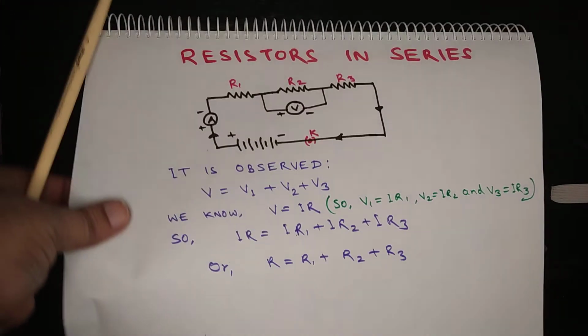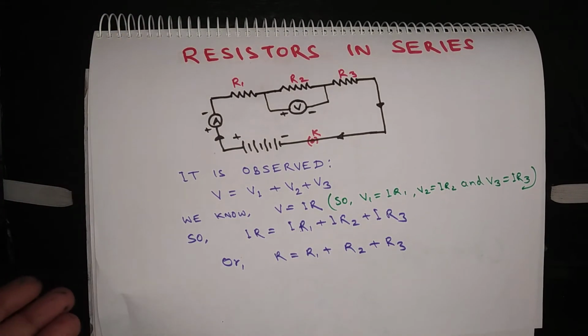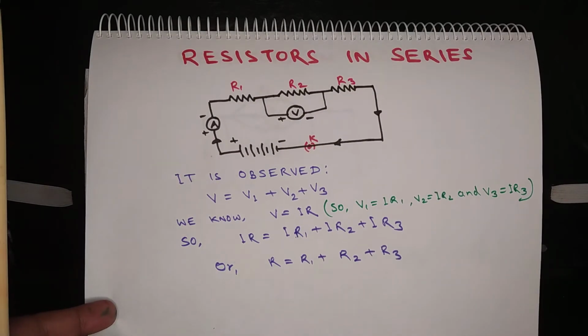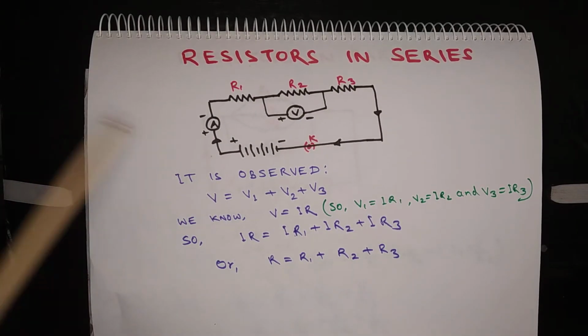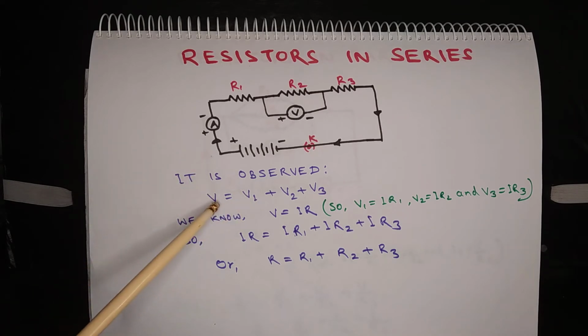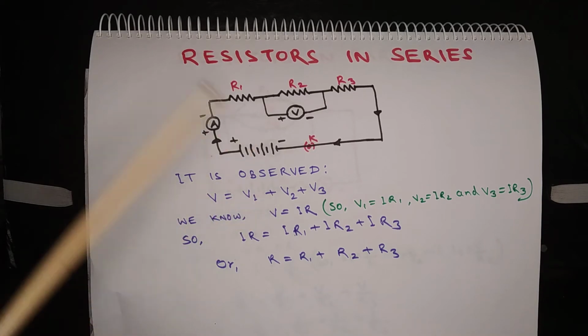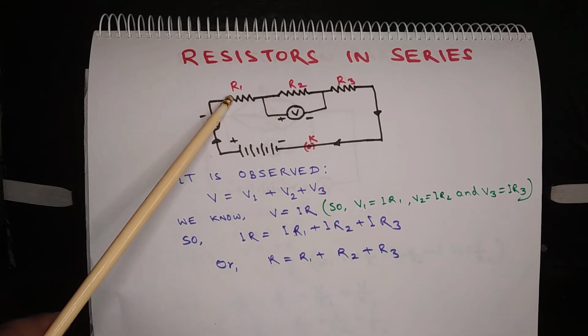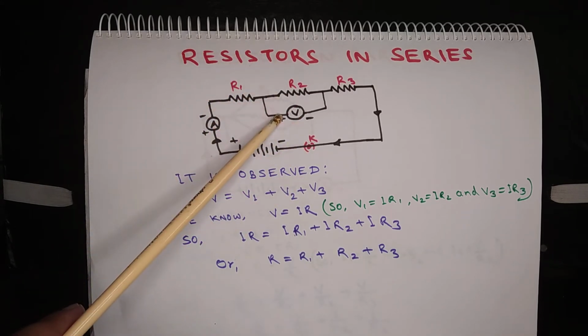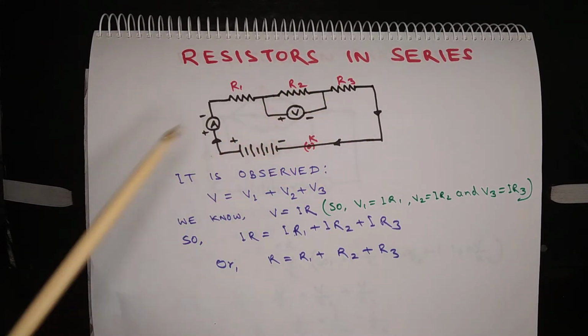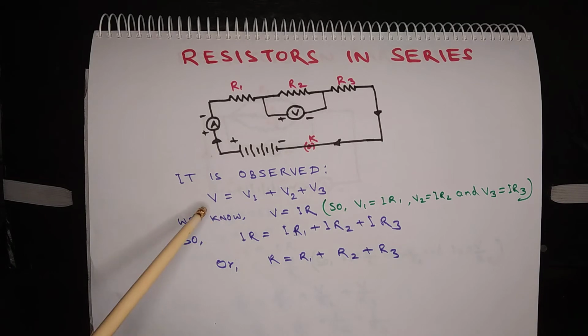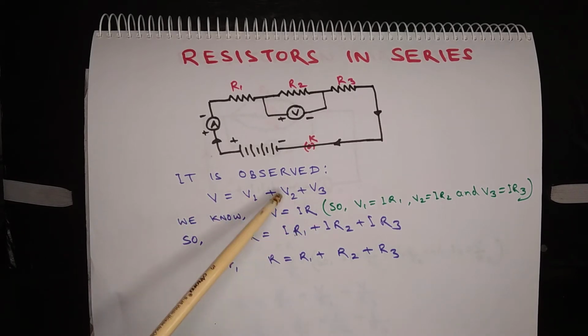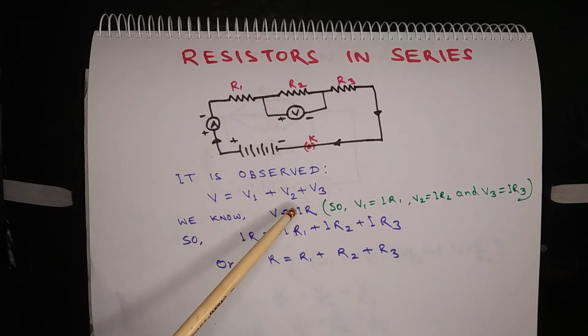Now what happens to the equivalent resistance of the combination? By experiments, it is observed that the total potential difference, or total voltage, is the sum of the potential differences across individual resistances. If V1 is the potential difference of R1, V2 is the potential difference of R2, and V3 is the potential difference of R3, then the total potential difference V is equal to V1 plus V2 plus V3. From Ohm's law, we know that V is equal to IR.